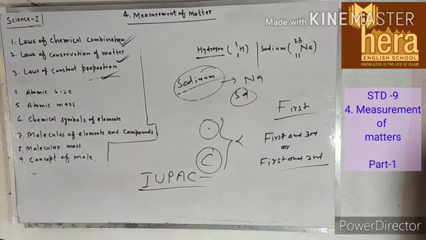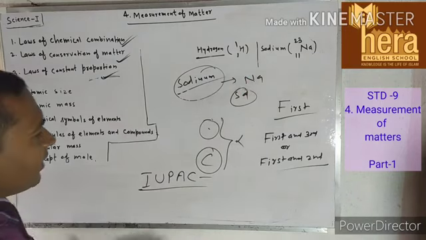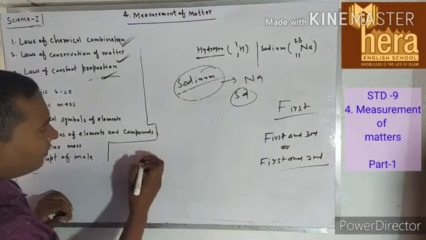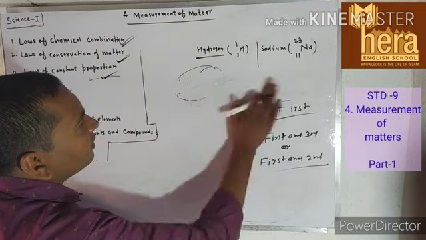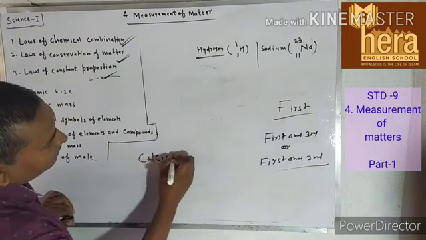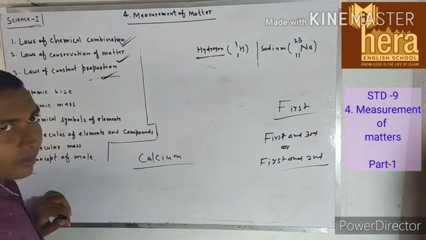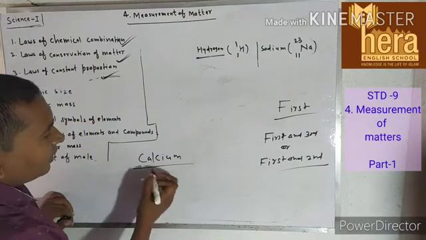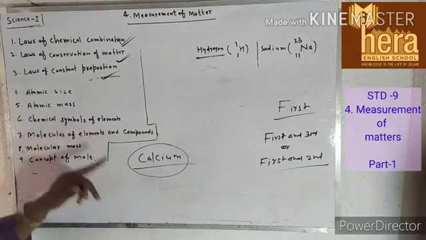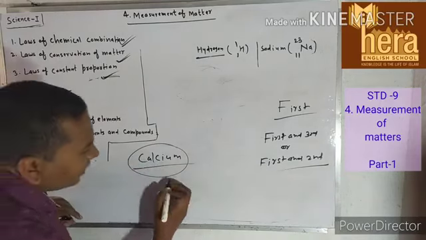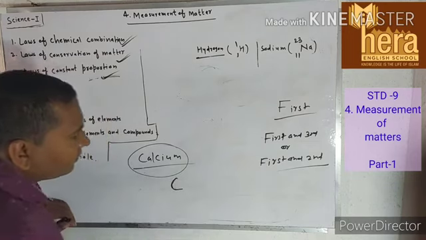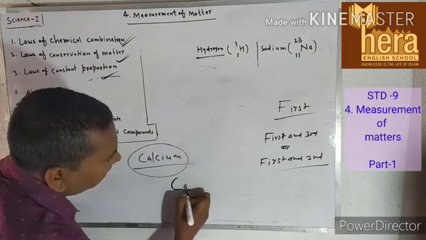Ignore this, I will take other examples. Calcium. If you want to write the chemical symbol of an element, for calcium we write the first letter, always capital, so we take C, and the second letter, Ca.